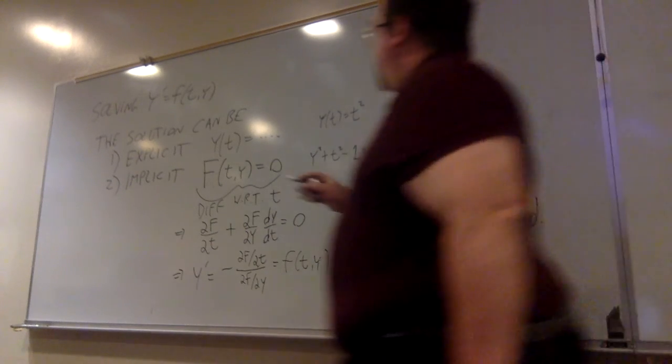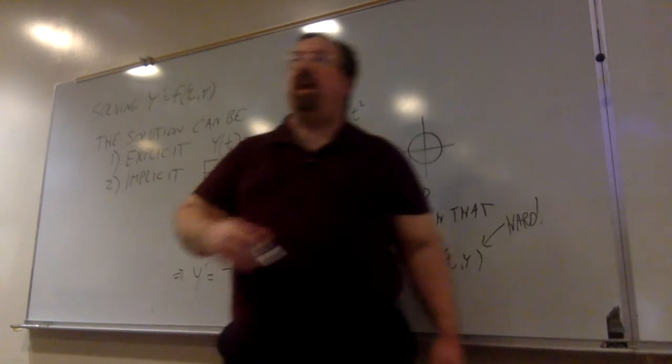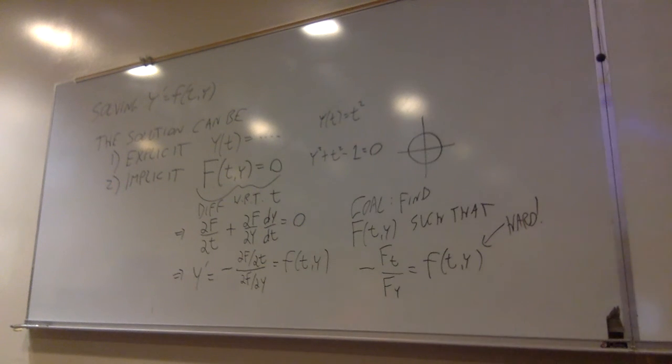Because what I can always do to any kind of equation, I'm allowed to perform operations on both sides of it. I can multiply both sides by something. I can add something to both sides. I could do any of those things that will make the equation simpler. Okay.